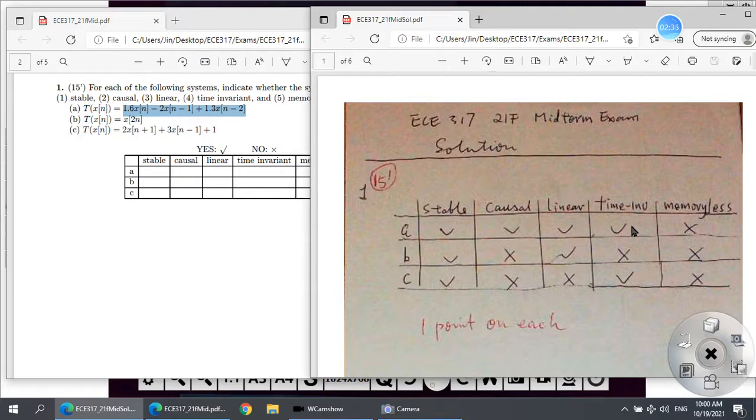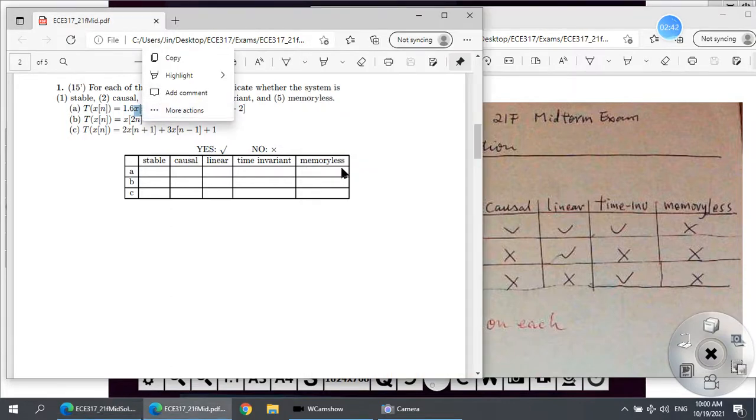So we know it is linear and time invariant. For causal, you check the time. Here we have n, n minus 1 and n minus 2. All these are the current x and earlier x, the previous x, so it is causal.